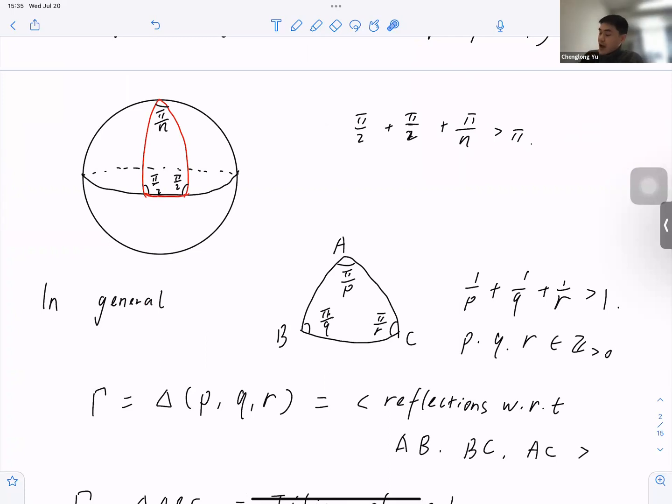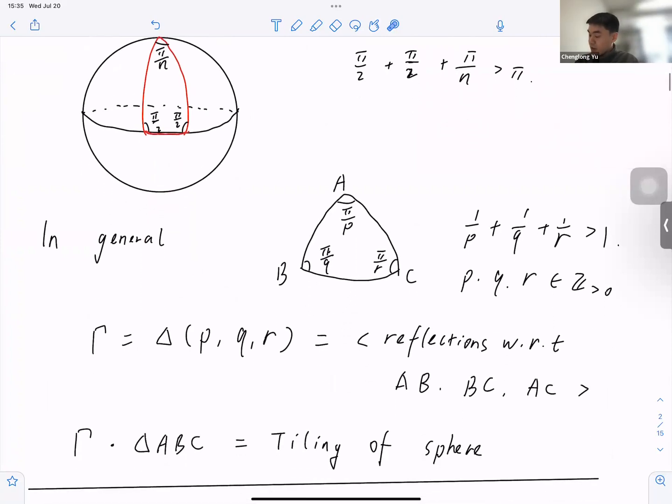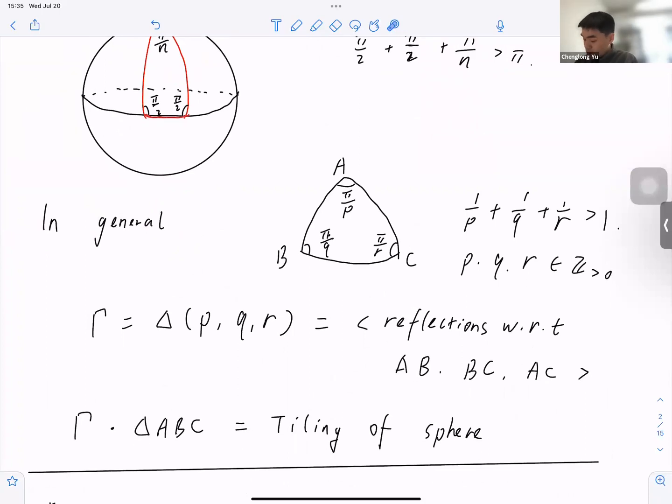And if you take any other triangle that doesn't satisfy this condition, where the angles are pi over some integer, then it may not generate a discrete subgroup in O(3). So in this case, we know that they are discrete subgroups.